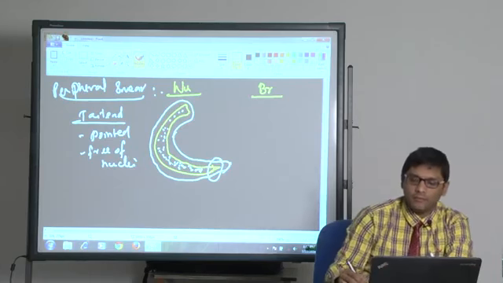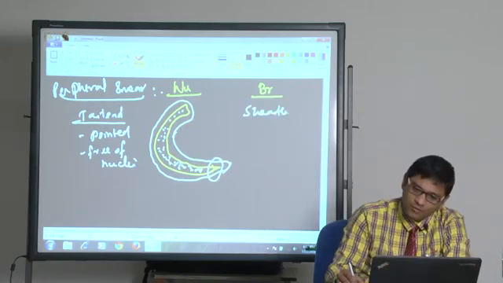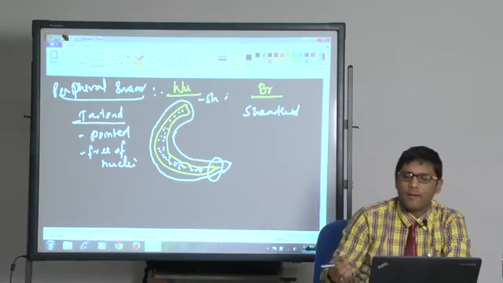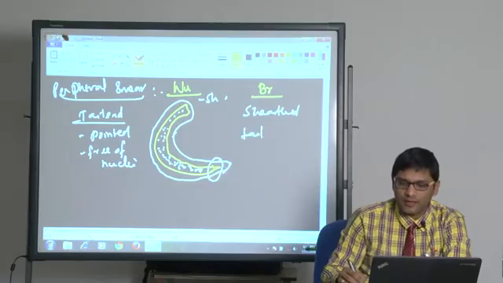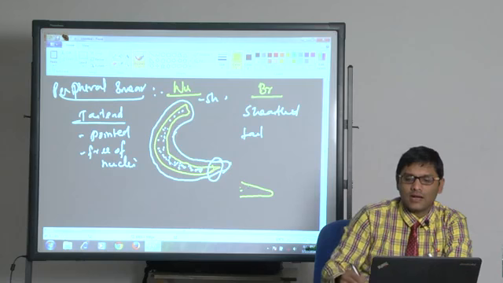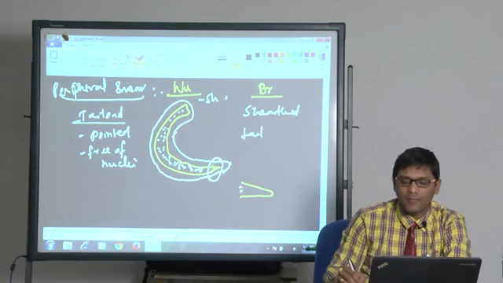Whereas Brugia malayi is also sheathed, both are sheathed, but the tail end is blunt. It will be like this: the tail end is blunt and the nuclei extend till the tail tip.